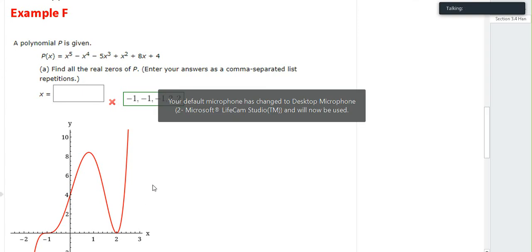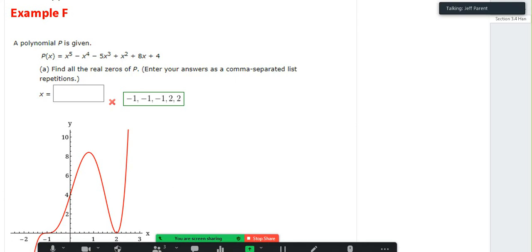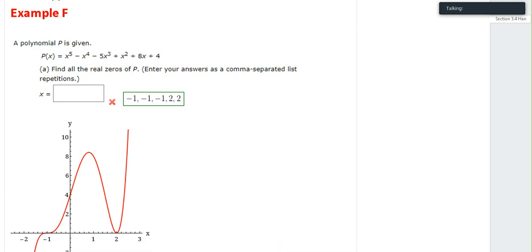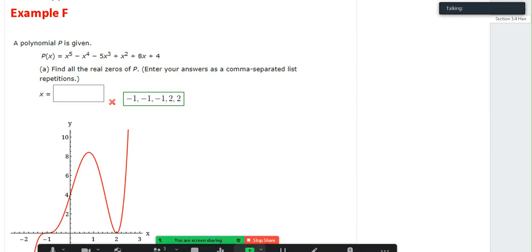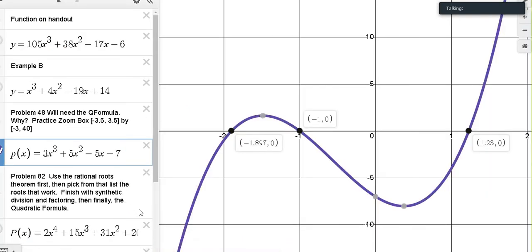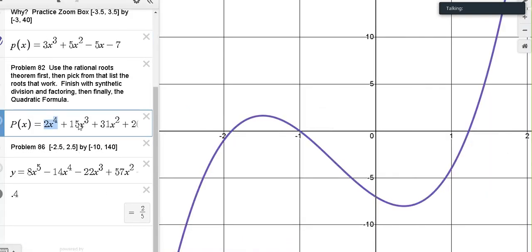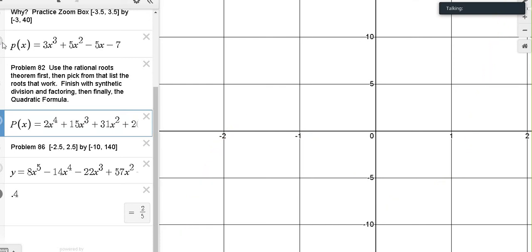Okay, let me graph that. Oops, darn it. I hate that. We'll shut this one off. And it was x to the fifth minus x to the fourth. Wait a minute. There we go.